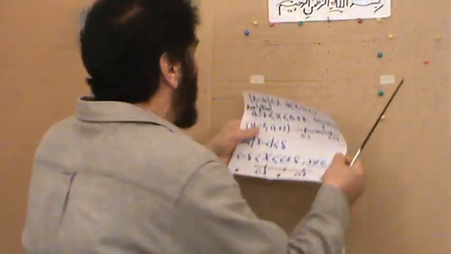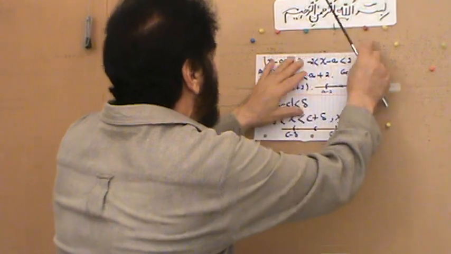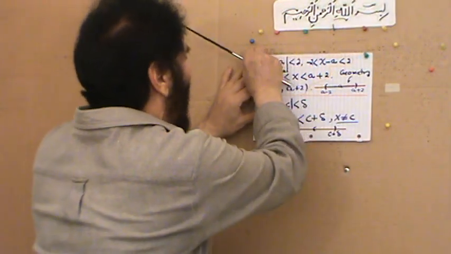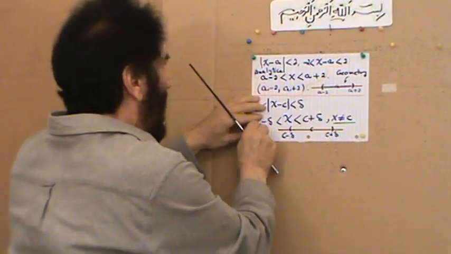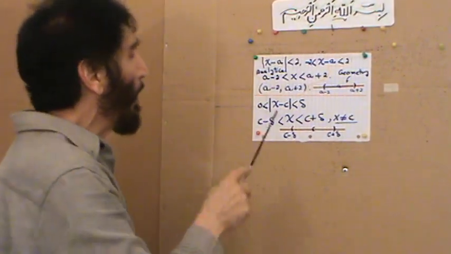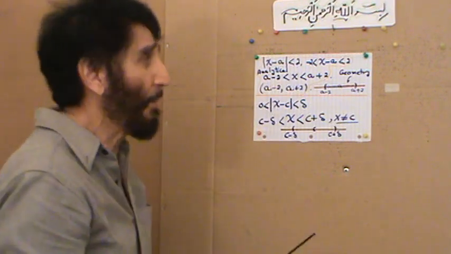Okay, now I'm giving some more talk about the basic algebra meaning of absolute value so that we are more comfortable to comprehend the abstract definition. Now, absolute value of x minus a less than 2, we are familiar with that.